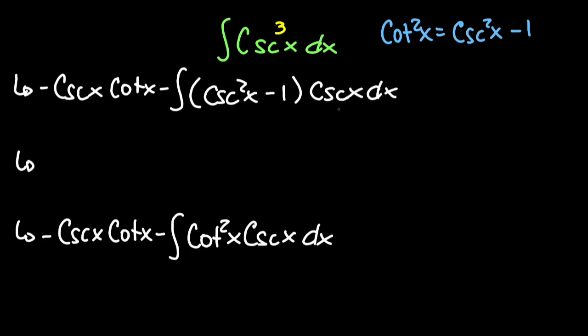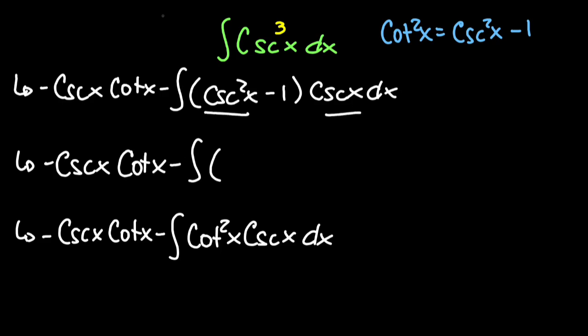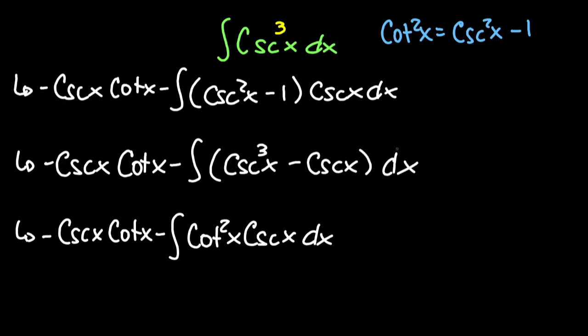Next step would be to distribute our cosecant x among the parentheses. Cosecant squared of x multiplied by cosecant of x would be cosecant cube of x, minus 1 multiplied by this would be the same, which is cosecant of x dx.